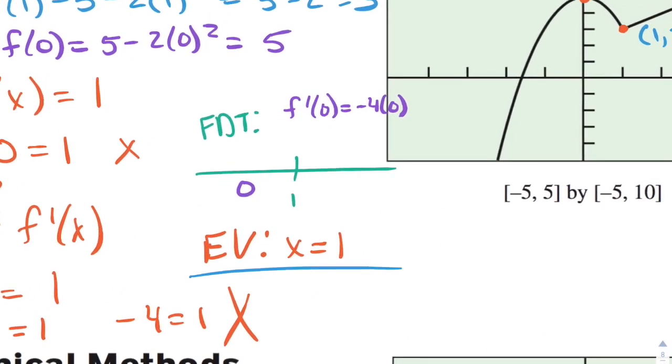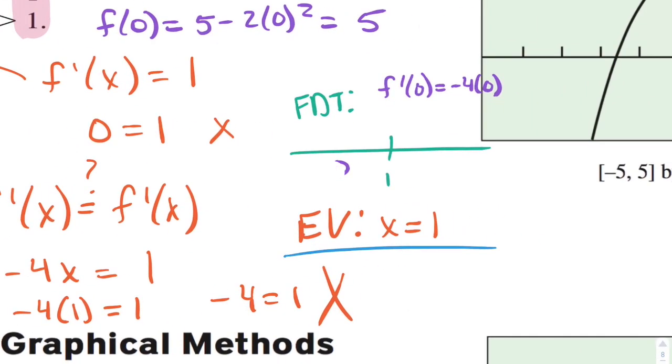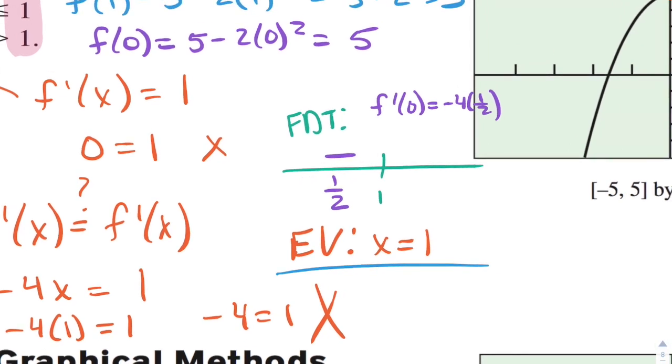Well, I don't want to test 0, I'm sorry, because we know that that's a critical point. Let me test 1/2. My apologies. Again, I can't test one that was already determined a critical point that had a slope of 0. So that's going to give me a negative 2. And then I can test any number after that.